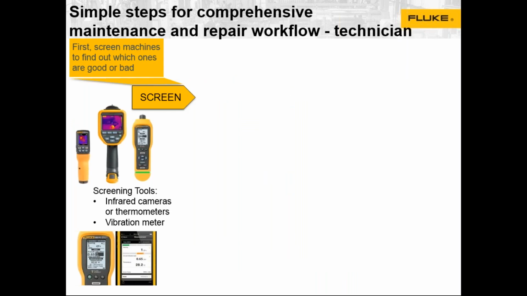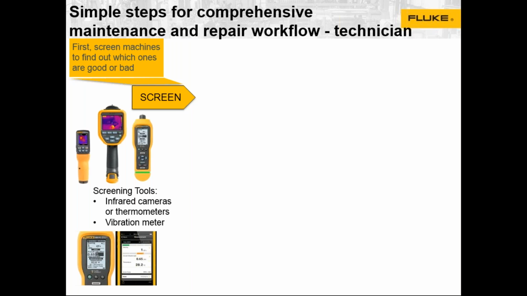Okay, now that we've talked about that, let's talk about some simple tools that technicians can use. These aren't expert tools, these are technicians' tools that will allow you to find out what's wrong with your machine, because like we said earlier, you don't have time for ground-up troubleshooting.